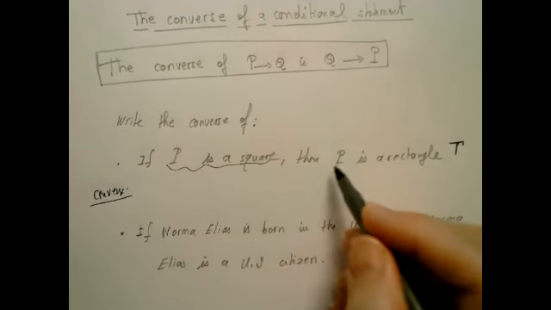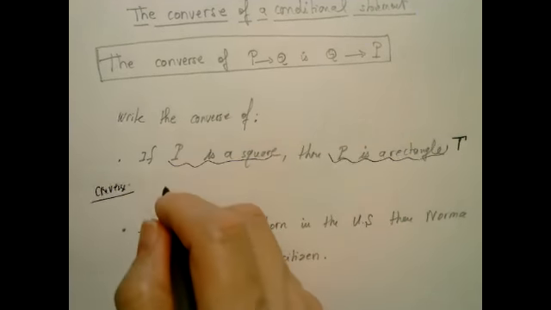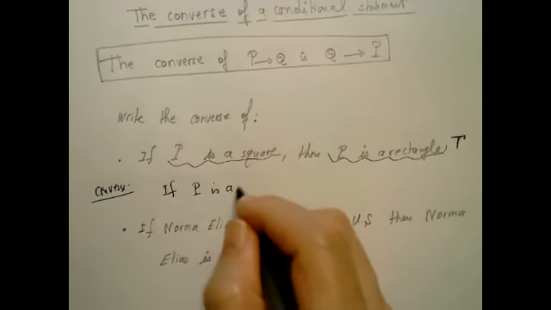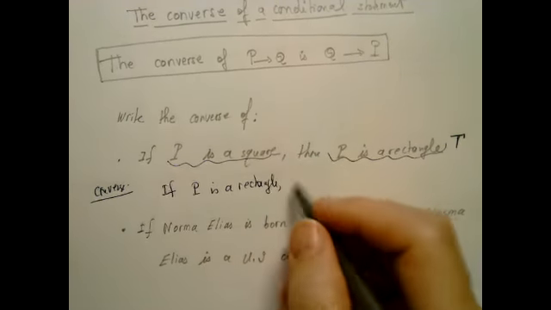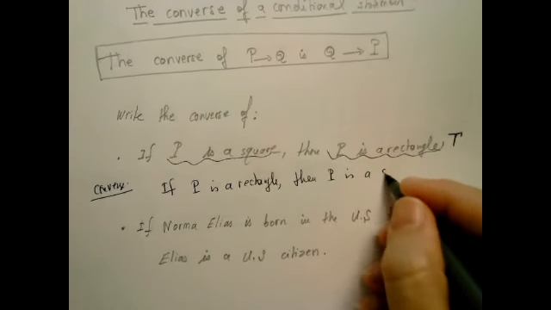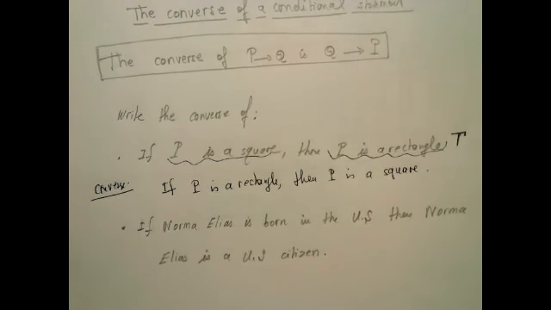So if P, then Q, the converse will become: if P is a rectangle, then P is a square. If P is a rectangle, then P is a square. And let's see, is this a true statement? No, that's a false statement.